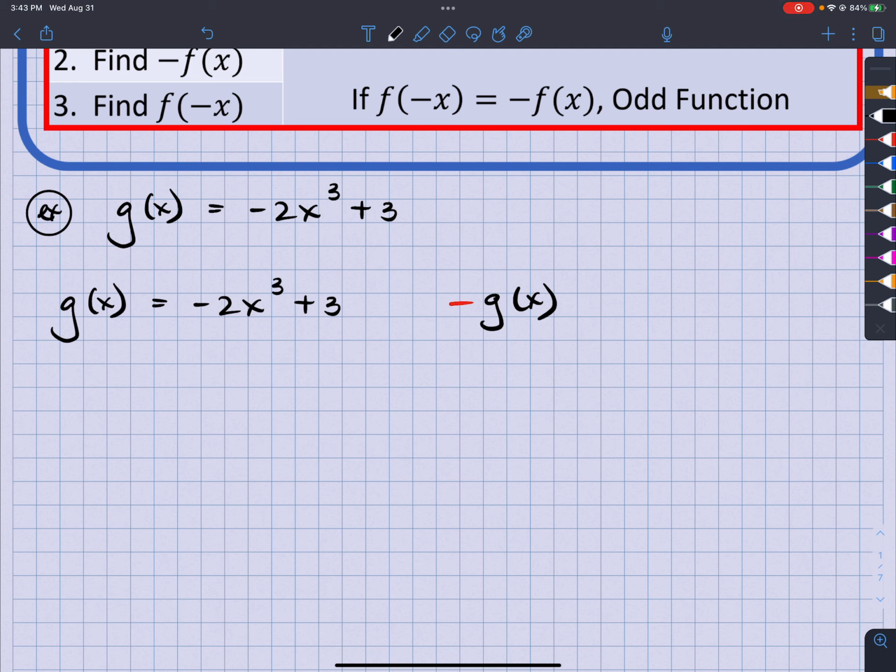If I'm negating it, I'm going to negate the whole side. So that means the negative g of x is actually equal to 2x to the third minus 3. Great. So here is where our fight is going to be.